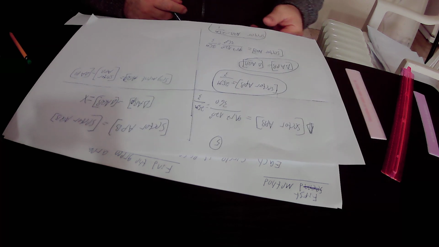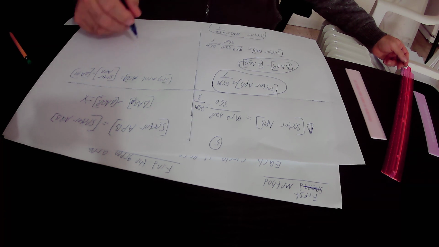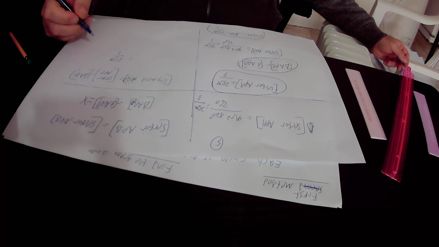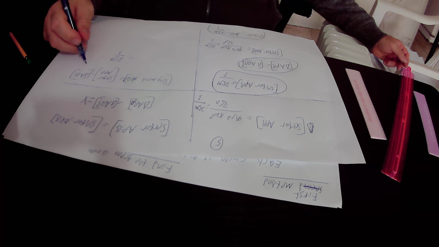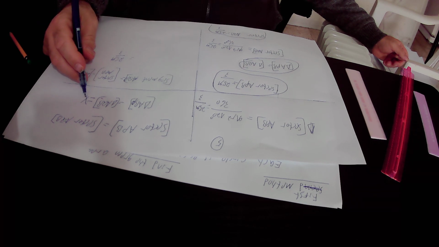So the area of sector APB equals 25 pi over 3 minus the area of triangle APB. We define the area of triangle APB as x.